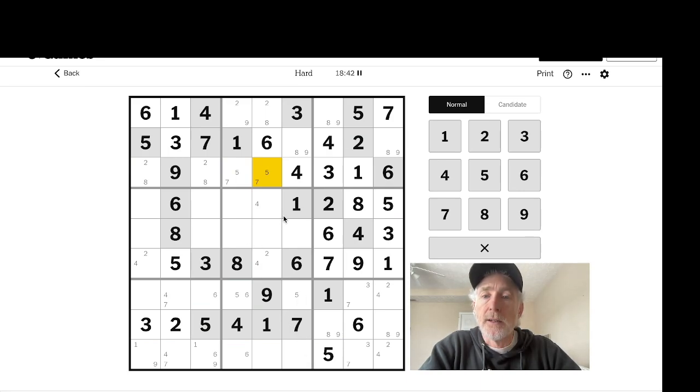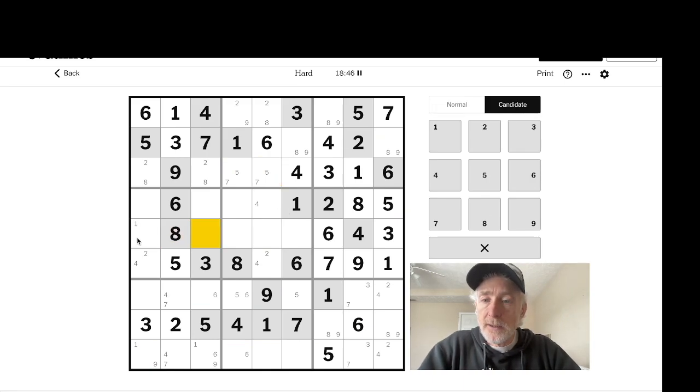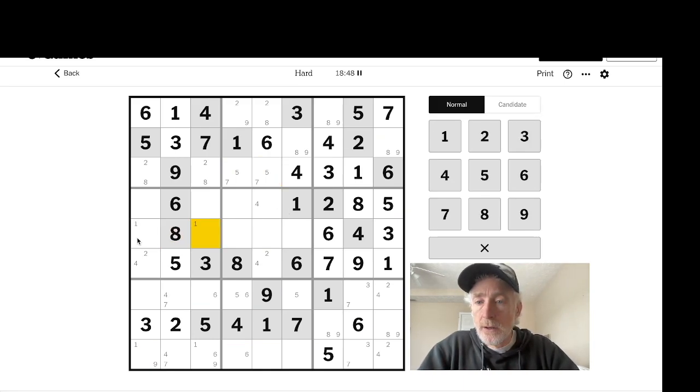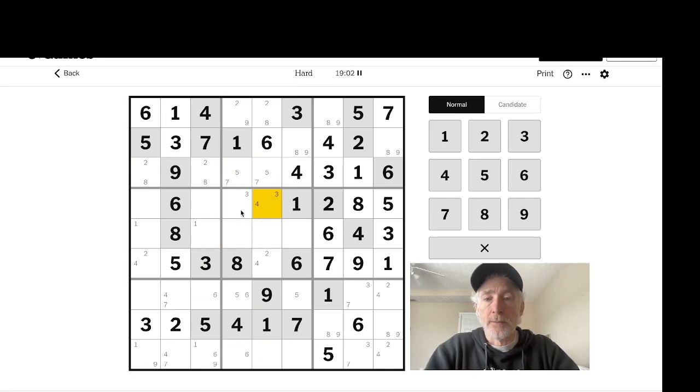All right, 1 has to be in one of these two cells. Let's see, 3. Okay, 3 has to be in one of these two cells because this 3 looks down, this 3 looks across. This can't be a 3 because it's part of a 2, 4 pair in the row.